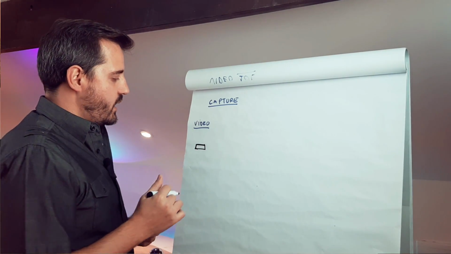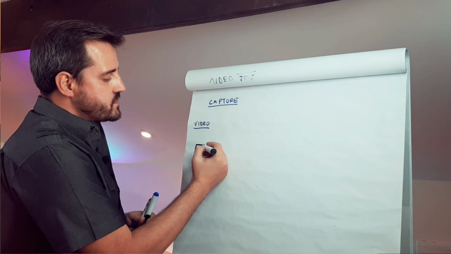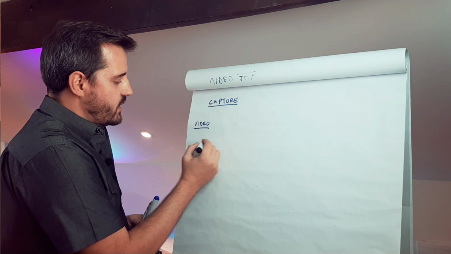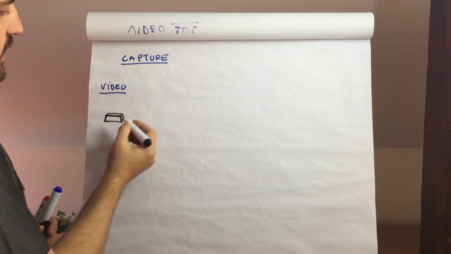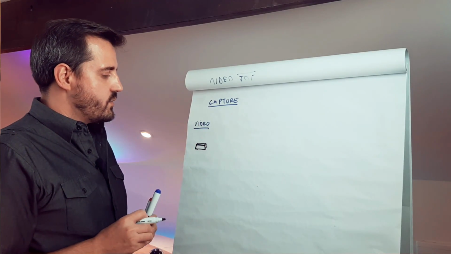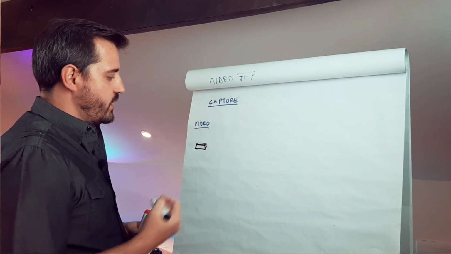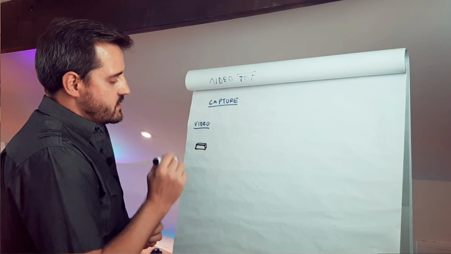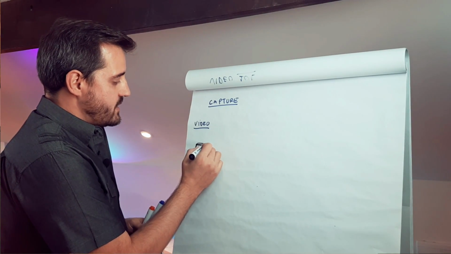In the front part we have the sensor exposed, the sensor that will capture the image and transform it digitally to be transmitted to the NVR.